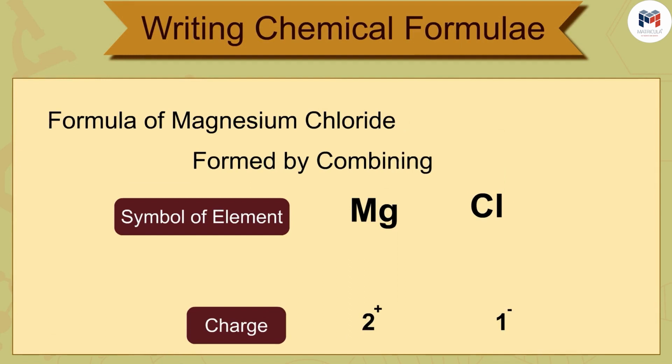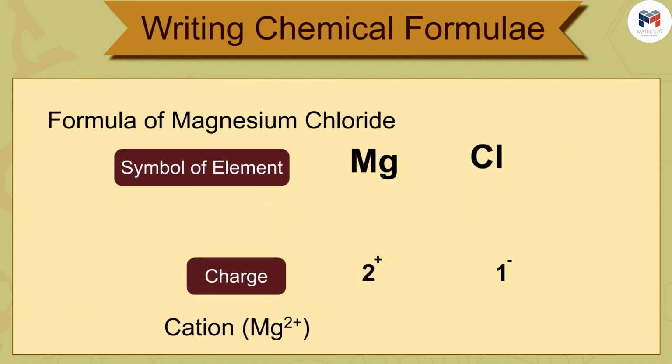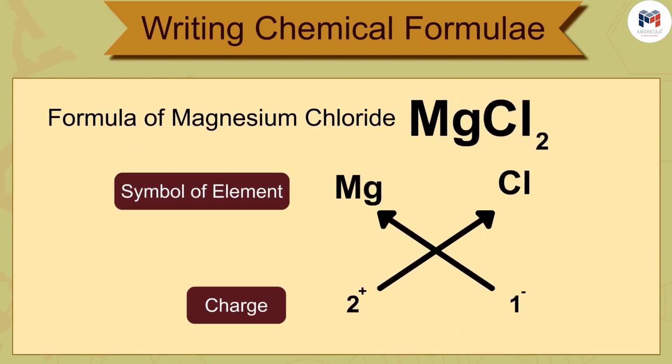To find its formula, we write the symbol of cation Mg2+ first, followed by the symbol of anion Cl-. Then their charges are crisscrossed to get the formula, that is MgCl2.